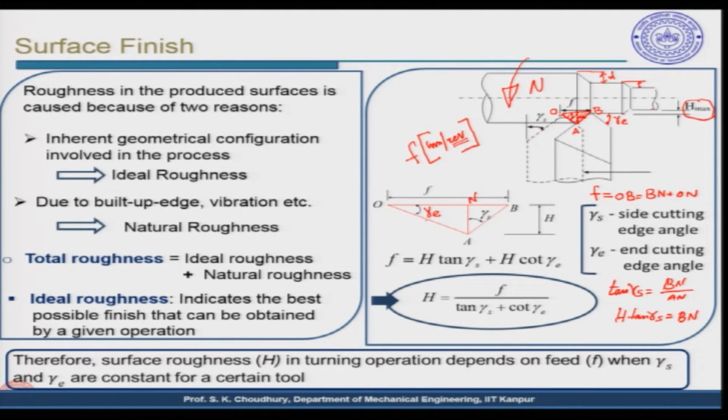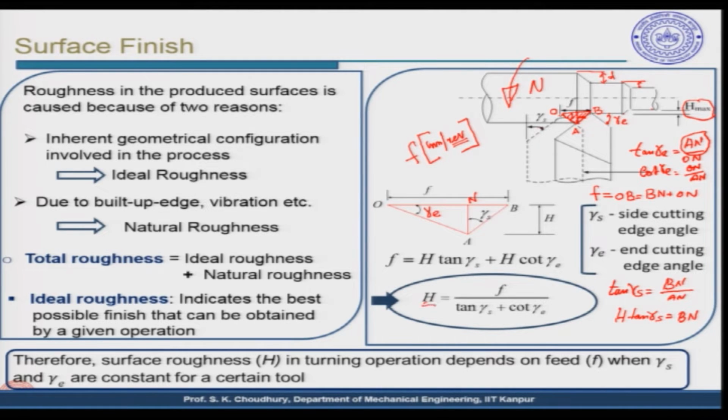Similarly, if we take cot of gamma E, this will be ON by AN, so AN into cot gamma E gives ON. AN, we have seen, is h. So, h cot gamma E will be ON.